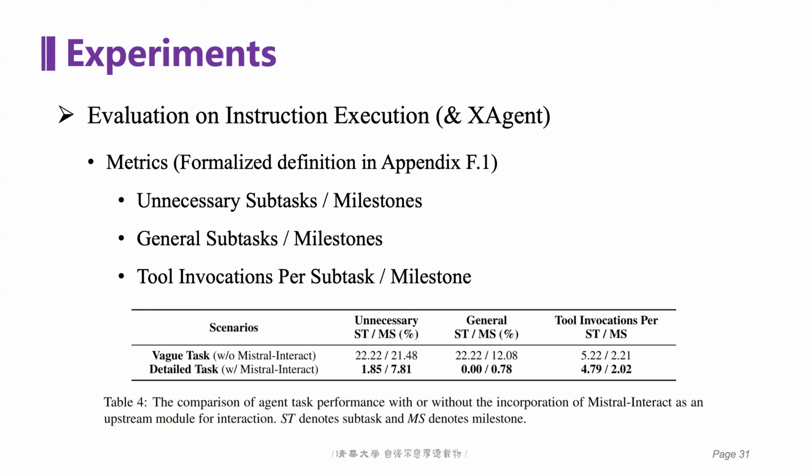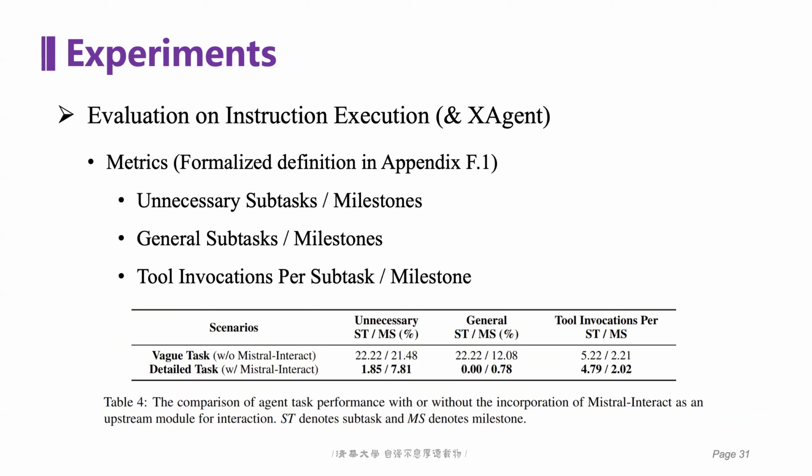The second is whether each subtask is general or not. We also let the annotators, these users, evaluate. The third is an objective metric, the tool invocation times per subtask. We want to see whether incorporating our trained model as an upper module of the complex agent system decreases the tool invocation number.